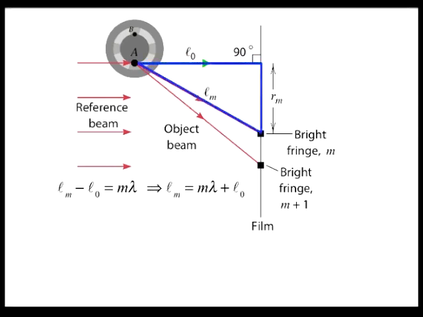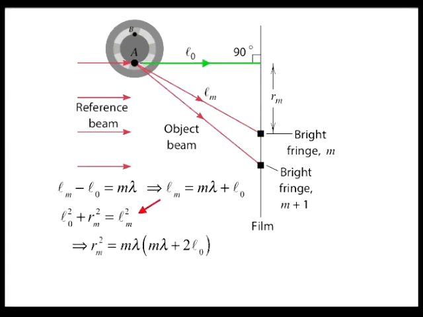Next, we see that Lm, L0, and Rm form a right triangle, and using Pythagoras' theorem, we write L0 squared plus Rm squared equals Lm squared. We can now substitute for Lm and rearrange to give Rm squared equals m lambda times (m lambda plus 2L0). The reason we write it this way is that we can take advantage of the fact that 2L0 is much greater than m lambda.